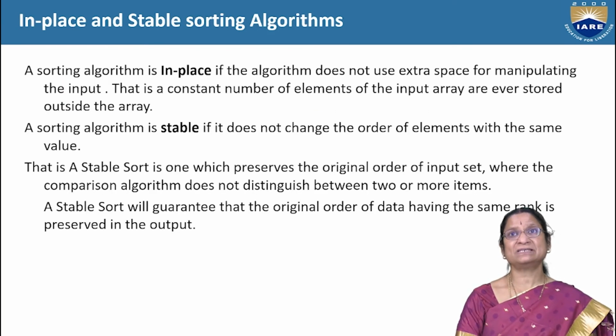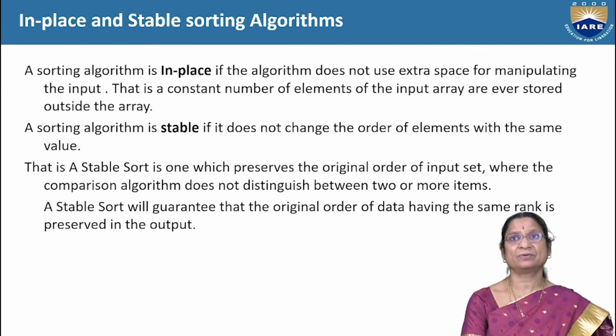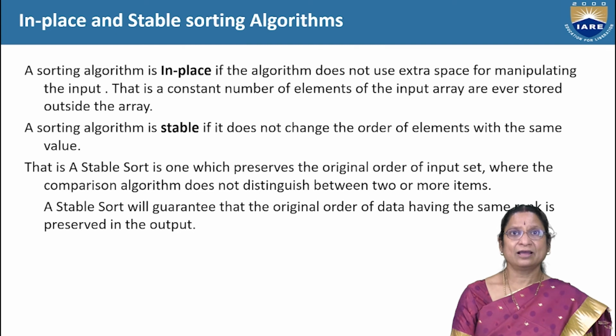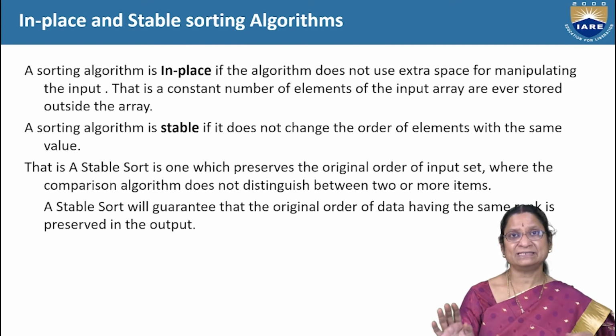How do we check whether additional space is required? If it is not an in place algorithm, then additional space is required. What is meant by an in place algorithm? If an algorithm sorts our data without using any additional space and stores the result in the input array itself, then we can say it is an in place sorting technique. I may use some locations, three or four, a constant number of memory spaces for swapping, etc. But, for example, if n is the size of the array, additional n space is not required.